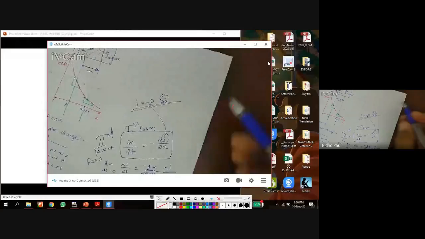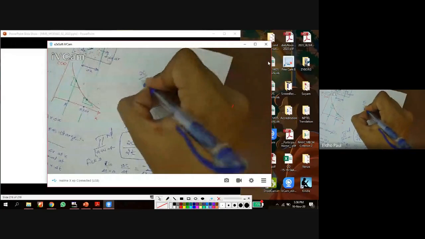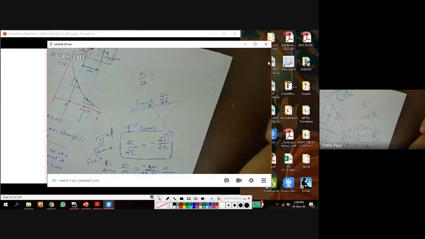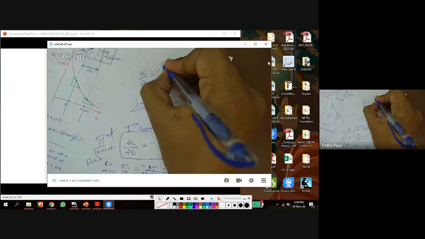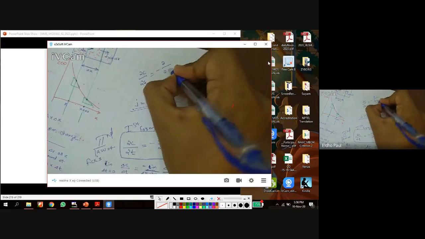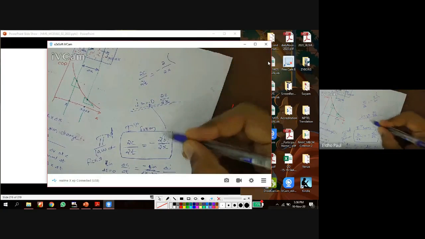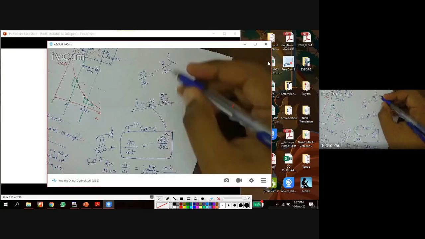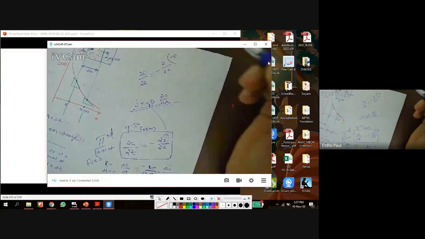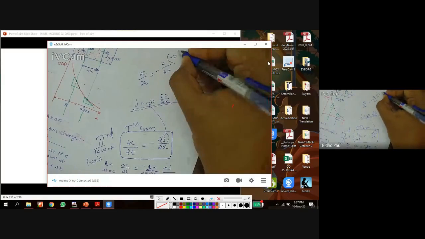So what happened? Dou c by dou t equal to minus of dou by dou x into, instead of j, I am giving this value, minus D into dou c by dou x.